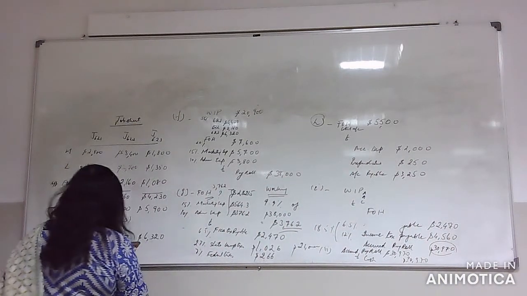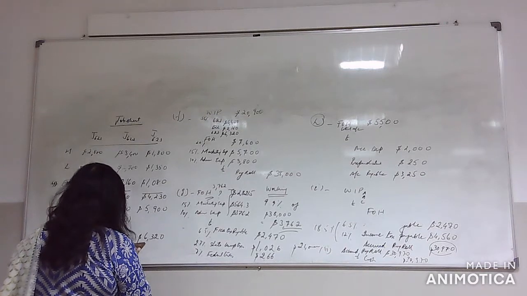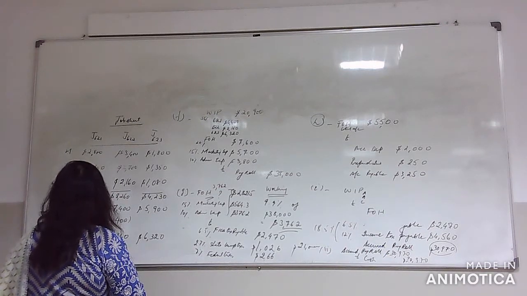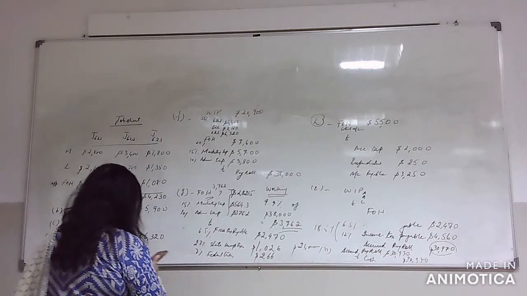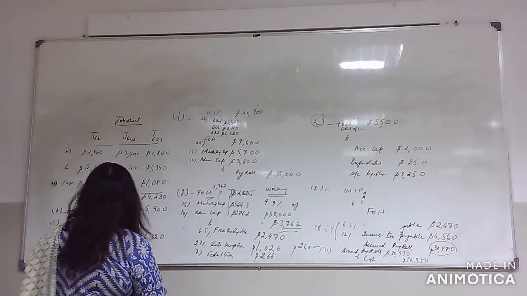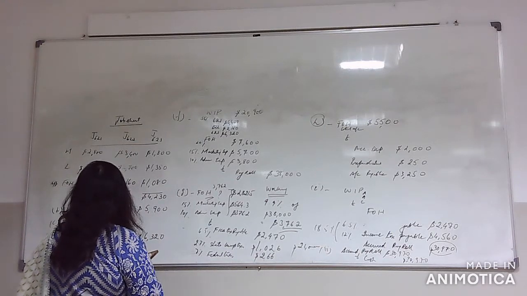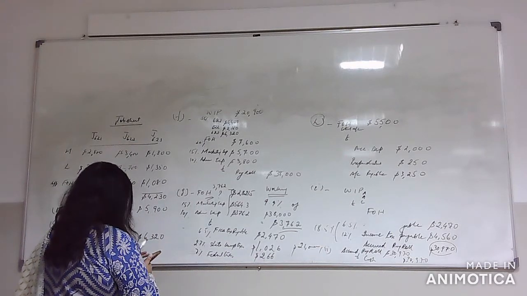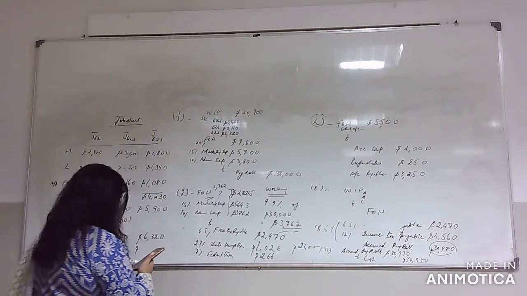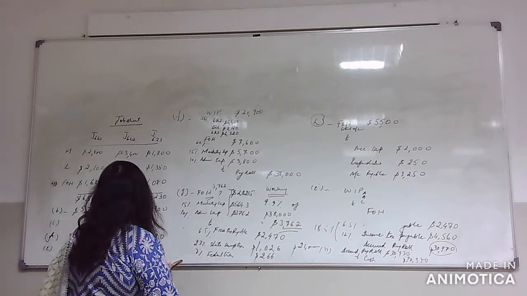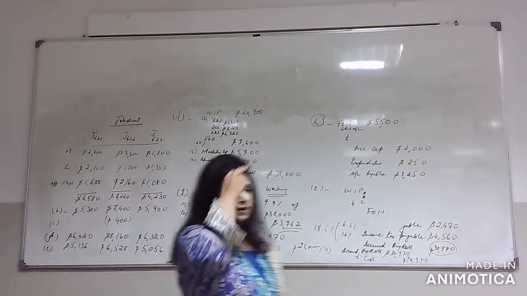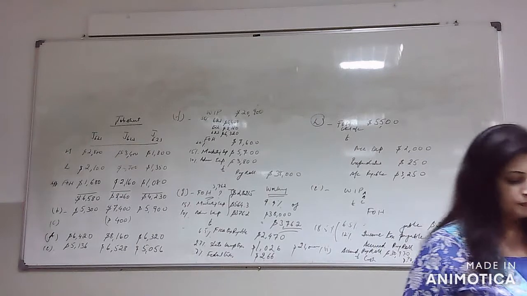So we have 6420 into 0.8 comes to 5136. Then 8160 into 0.8 comes to 6528. Then 6320 into 0.8 is 5056. So this was perhaps what they refer to when they say cost for March.